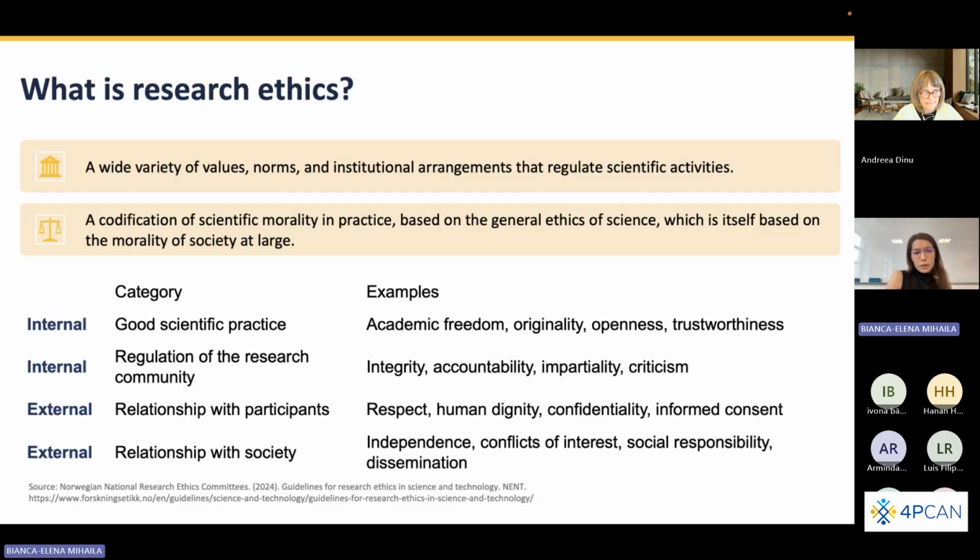Maybe you are wondering what research ethics is, and of course there are a lot of definitions in the literature, and I will try to give you a short one.